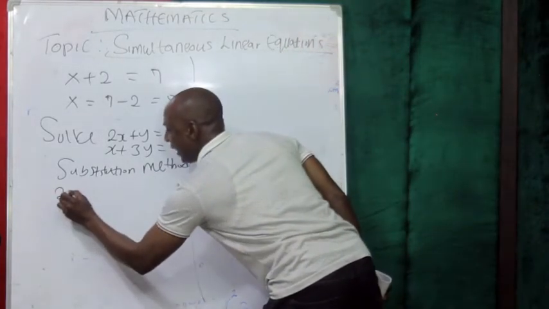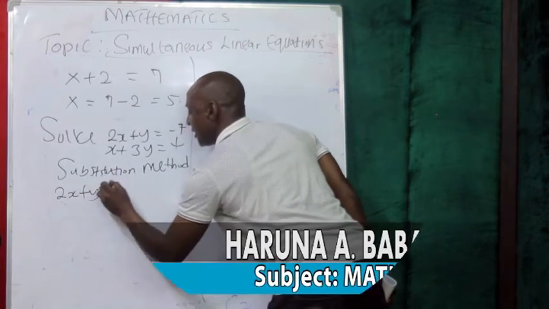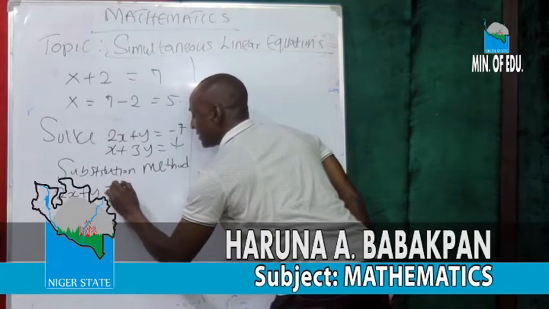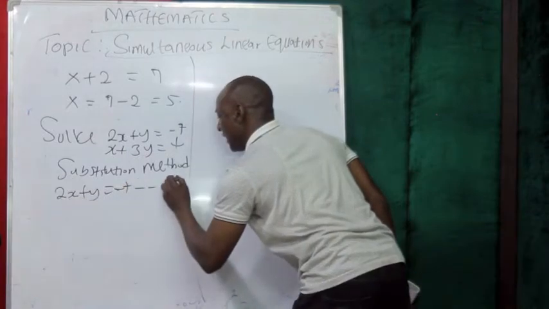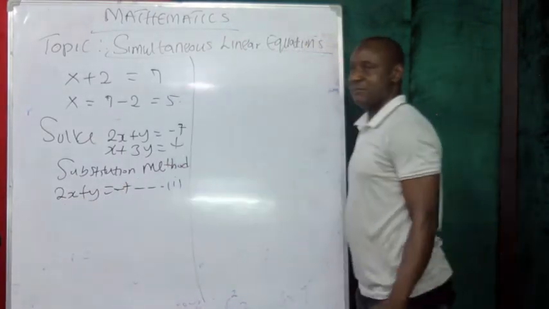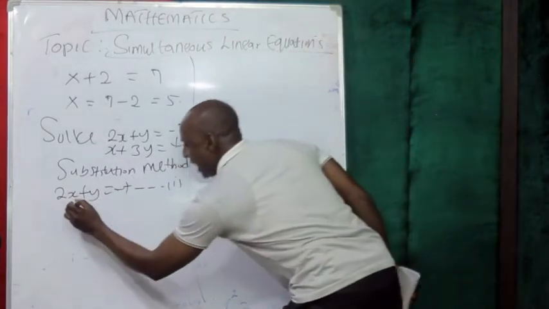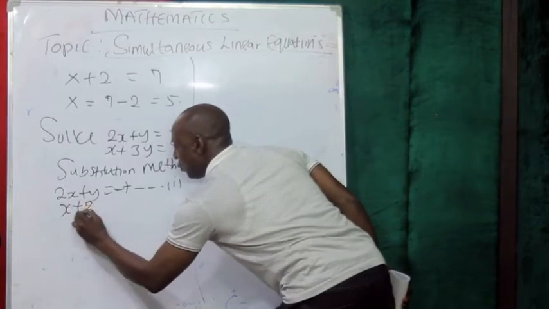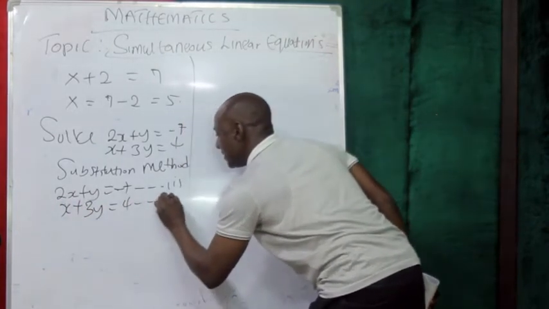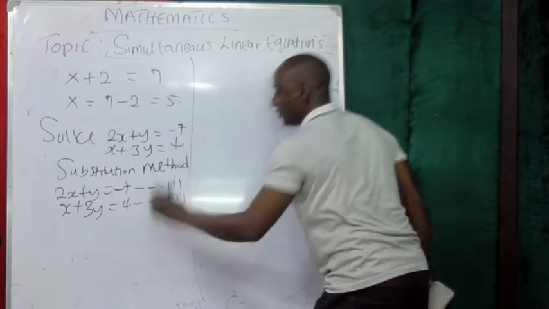That is, you have 2x + y = -7. You take this to be your equation 1. Secondly, you have x + 3y = 4. This now will be your equation 2.